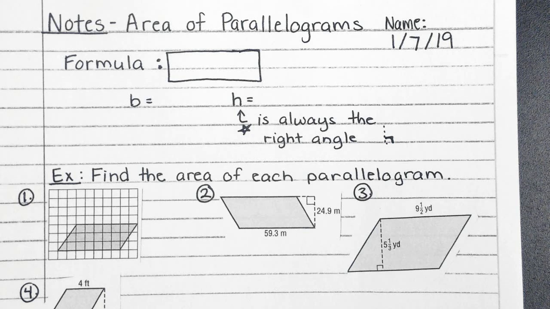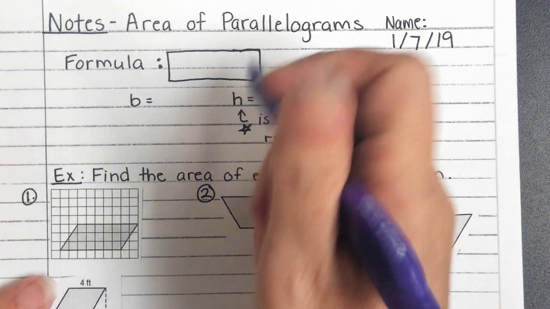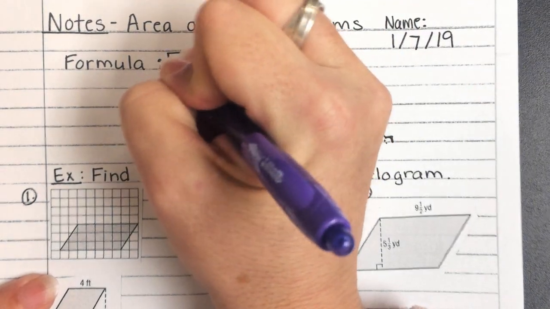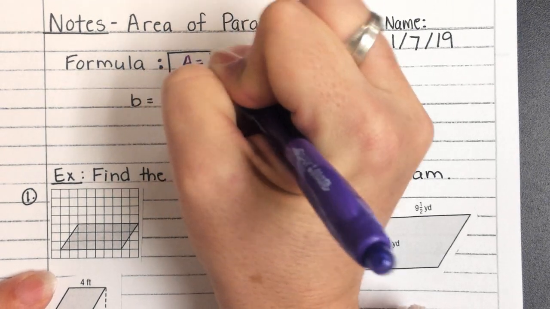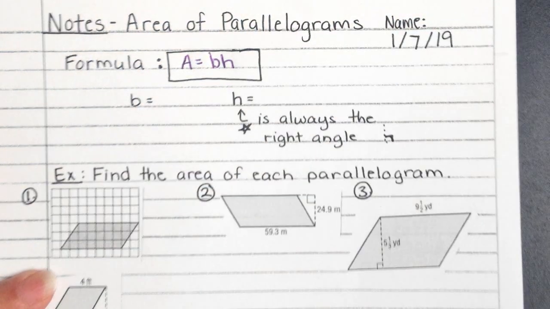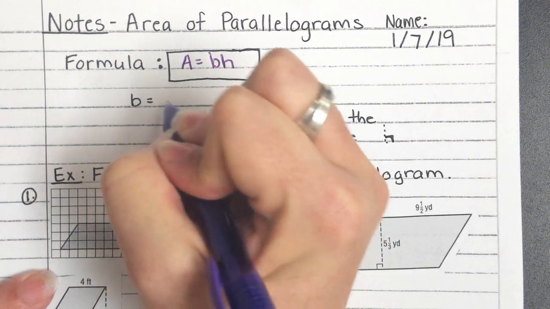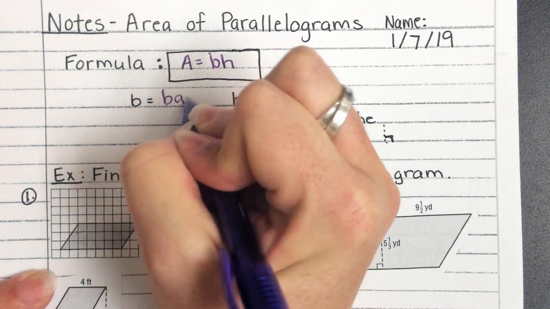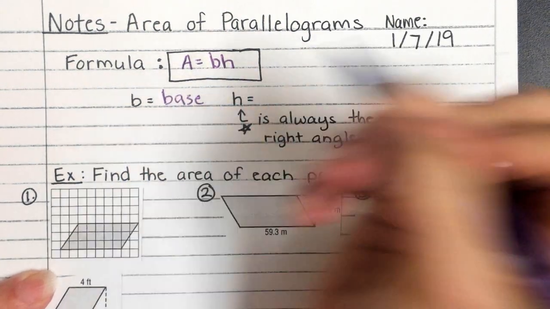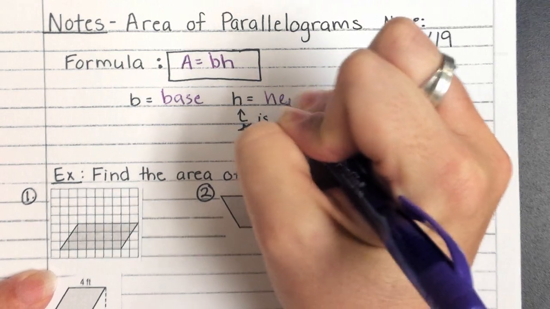Okay, so first off, the formula, I know we already talked about it, but fill it in. The formula for a parallelogram is area equals base times height. B is for base, and H is for height.